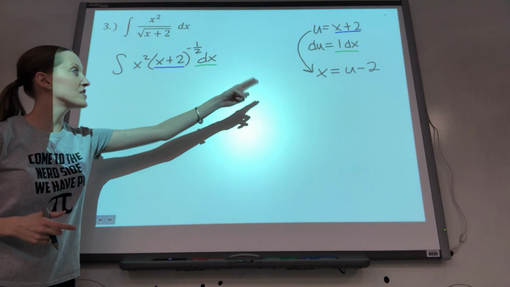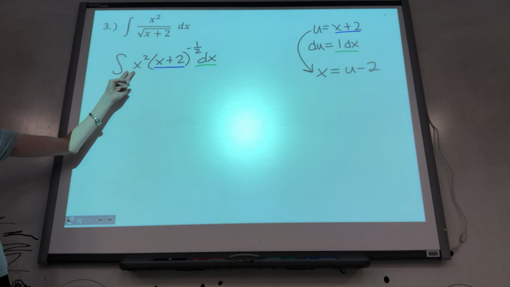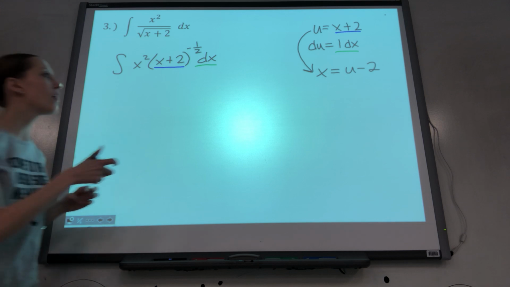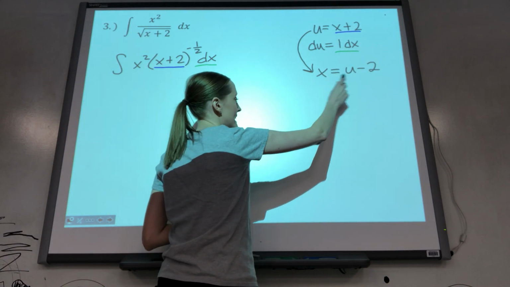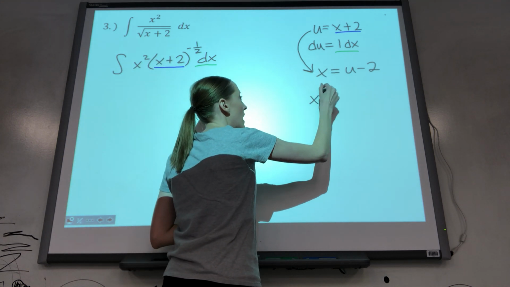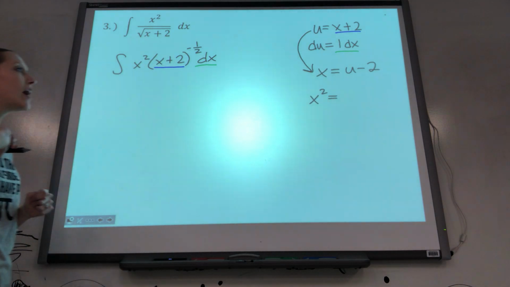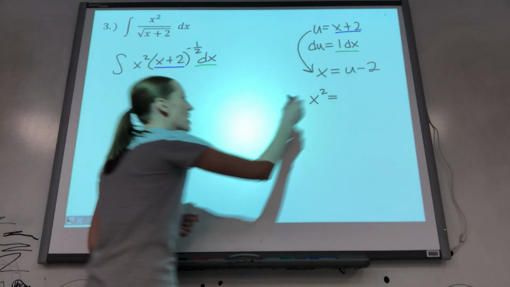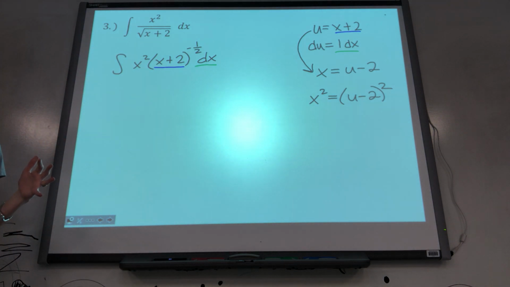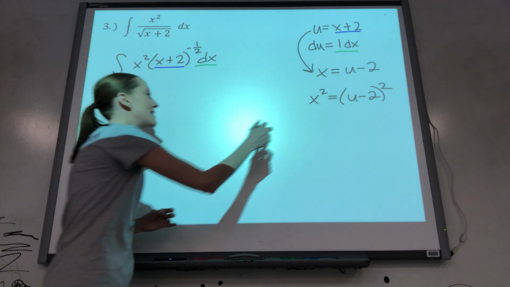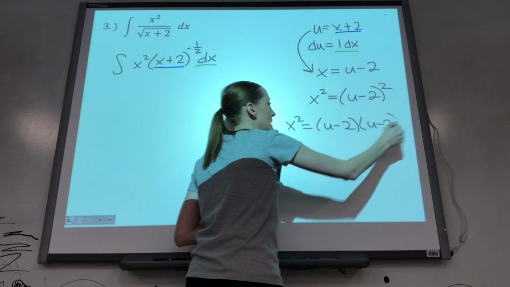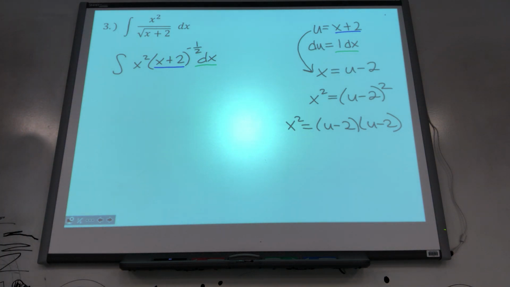All right, that's great, but I don't just want x, I want x squared. And so I'll do what I did on the last problem. Let me take this equation and turn it into what I need. If you square both sides of that equation, you're going to end up doing some foiling to simplify the u minus 2 squared.